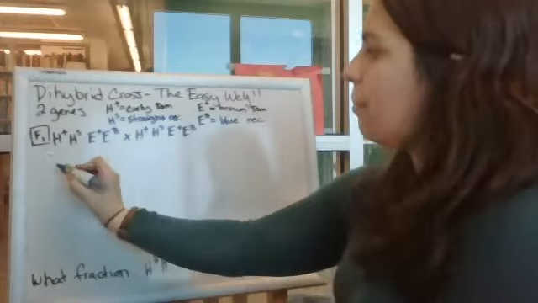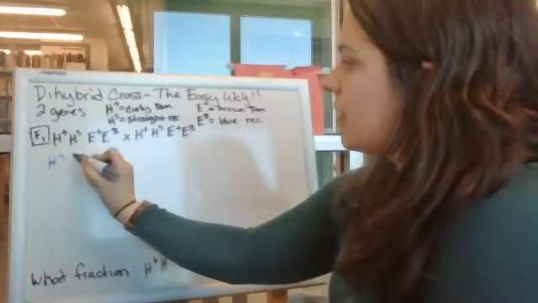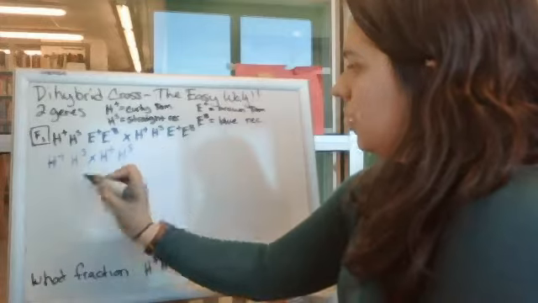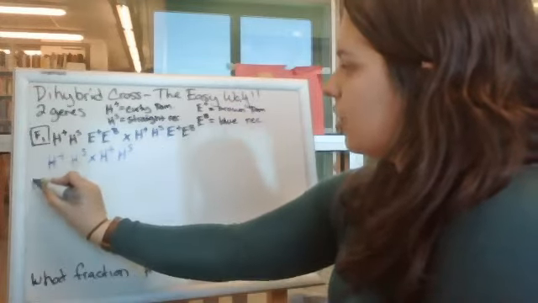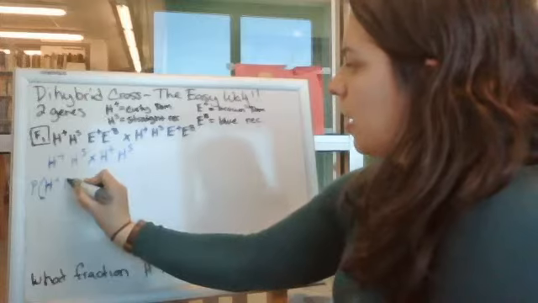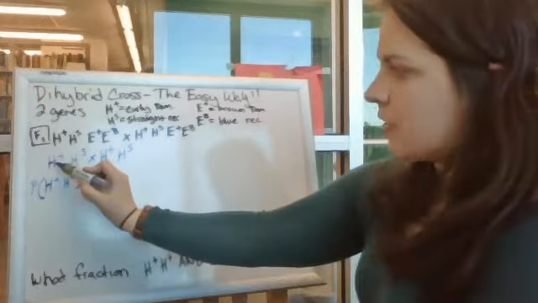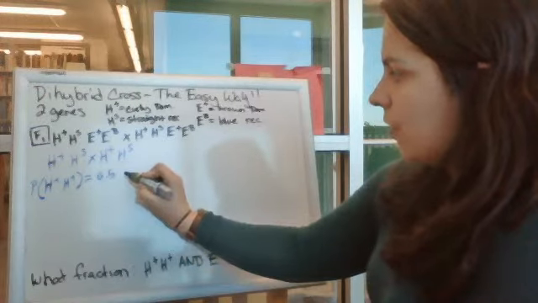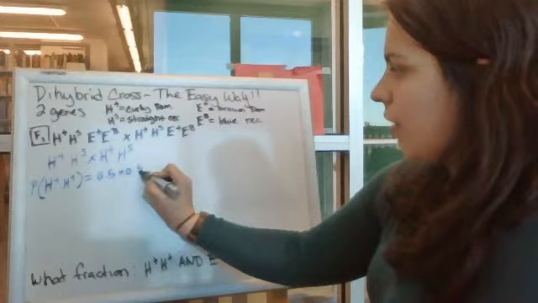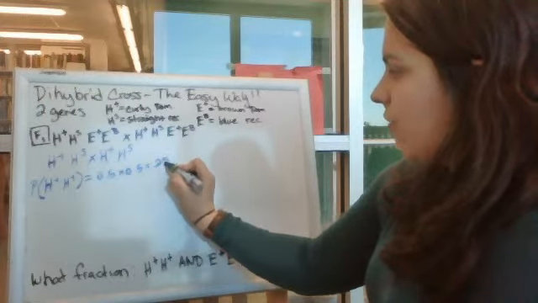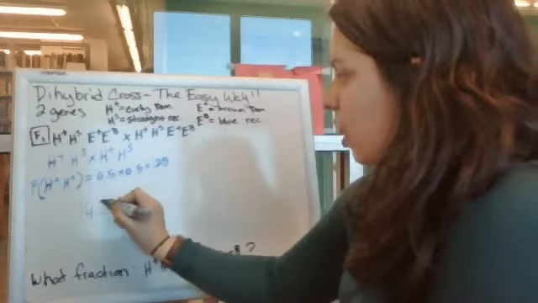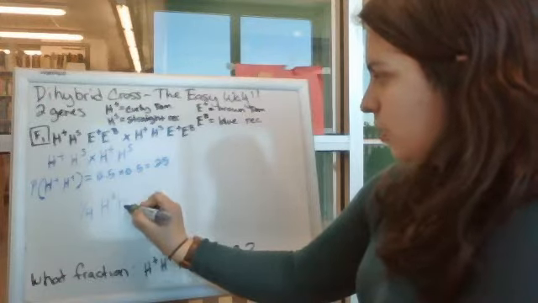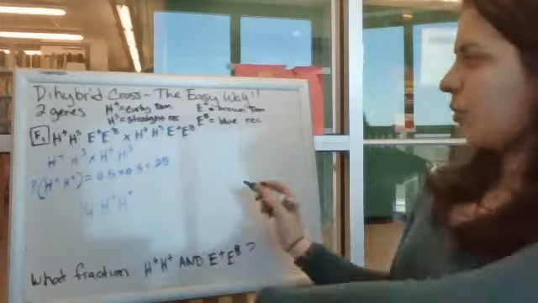Well, we know that when you cross H plus HS with H plus HS, the probability of this, we can write as probability H plus, right, this is a 0.5 chance, this is a 0.5 chance, equals 0.5 times 0.5, which equals 0.25, right? So you know that 1/4 of the offspring in the hair part of this cross is going to be H plus, H plus. Now we're going to do the same thing for E plus EB, right?